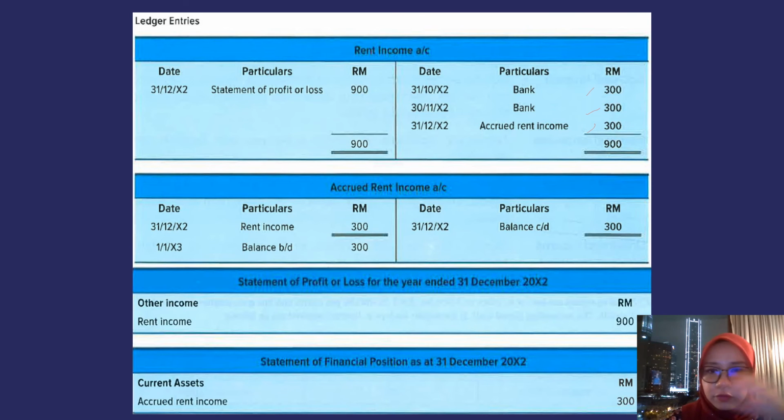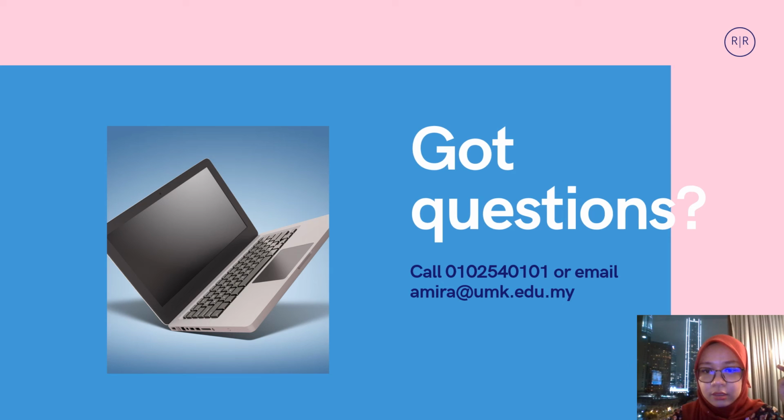Then transfer the total rental income that should be earned for this year to the statement of profit or loss, under other income. And for the accrued rental income that we should get, we recognize it as current asset under the statement of financial position. So that's all for this week.